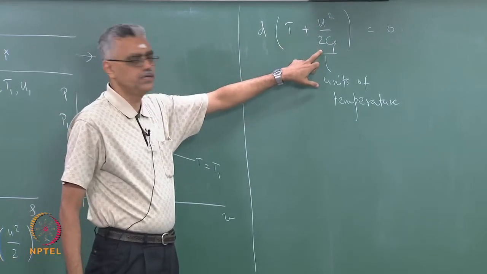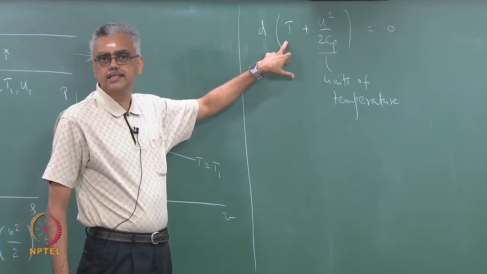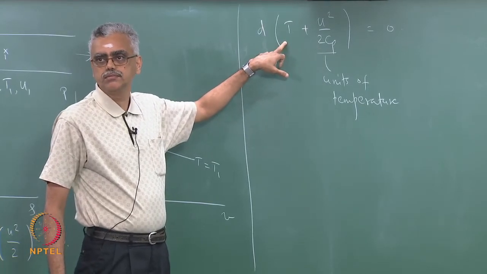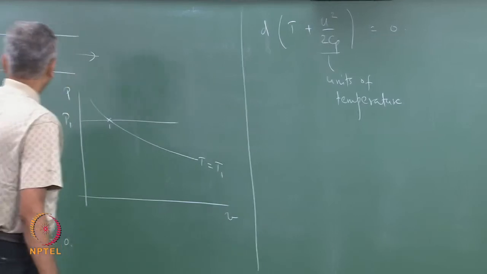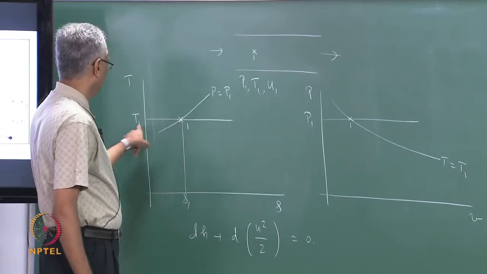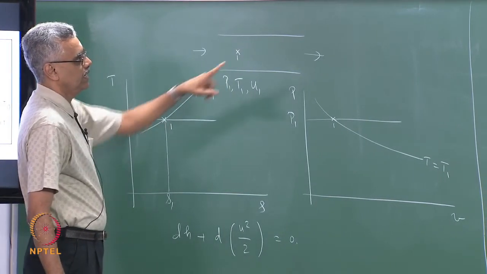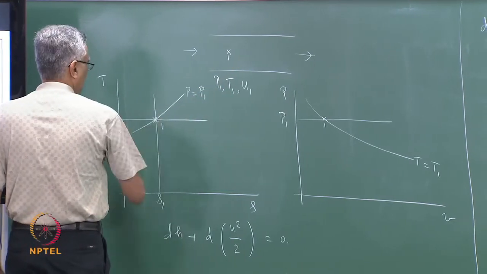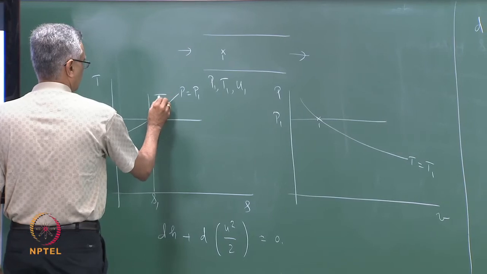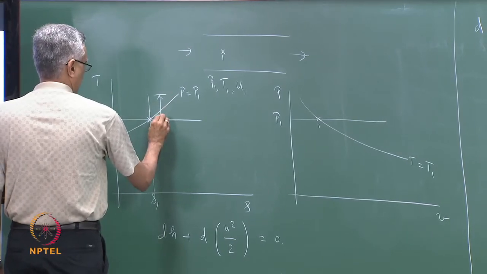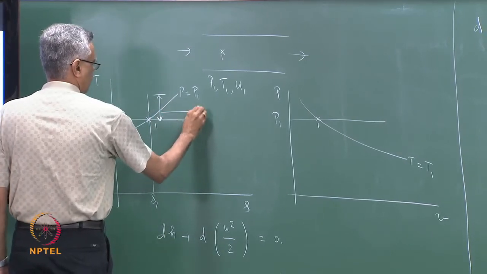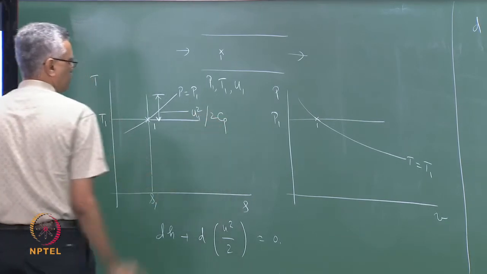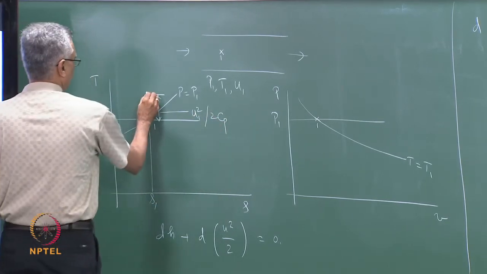I simply calculate u square over 2 Cp and add that to the static temperature. So, all I do here is I go up to here, T1 is known, and I add u1 square over 2 Cp. So, if I do it like this, this is u1 square over 2 Cp.